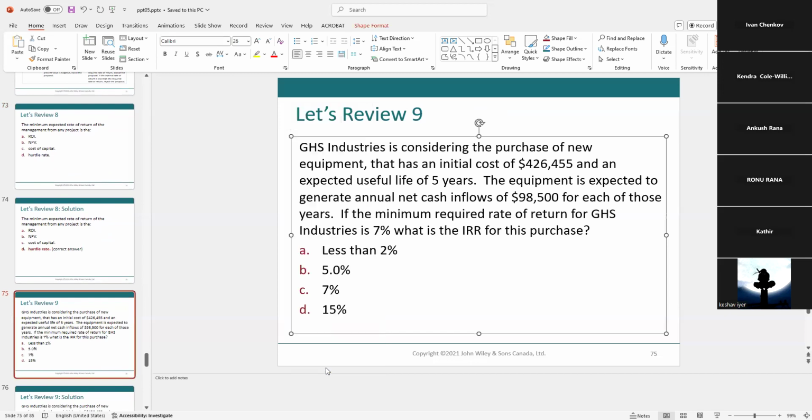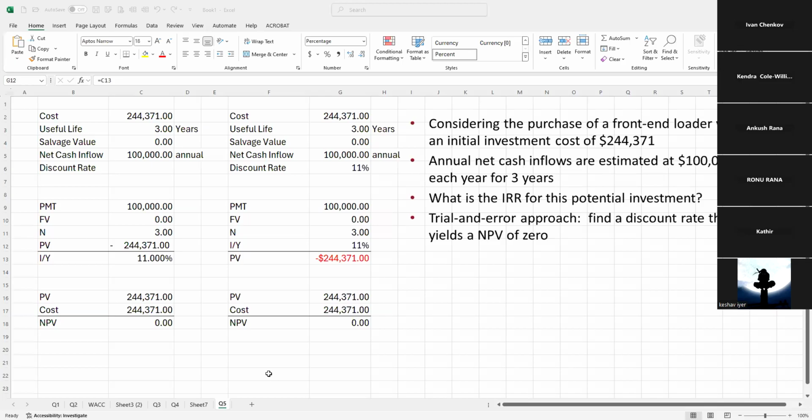So let's do this one. This question, we can easily flip it in the Excel spreadsheet and do it there. So we can use this question again, and that will be question 6.